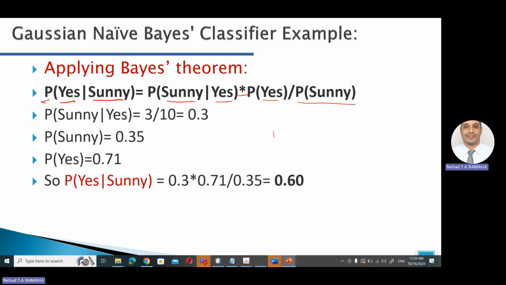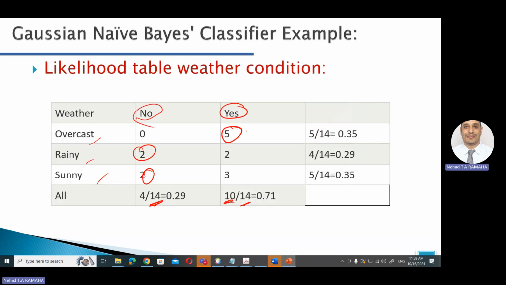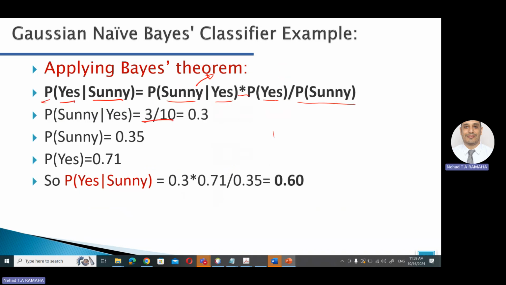So this one, probability of sunny given yes. Okay, you will go to the yes. How many yes do we have? 10. How many sunny do we have? 3. So it's 3 out of 10.